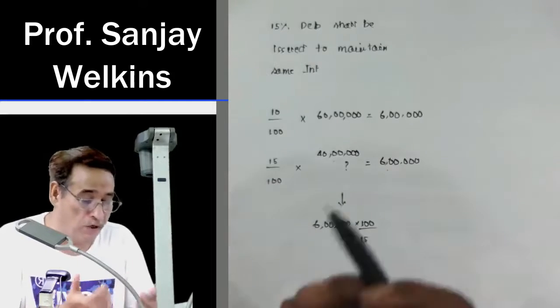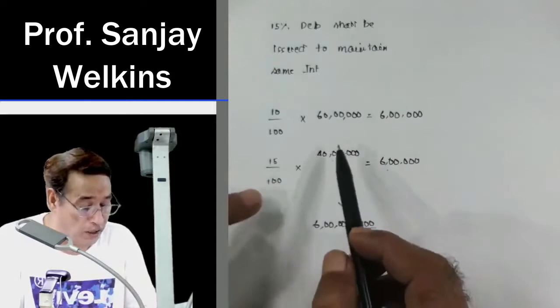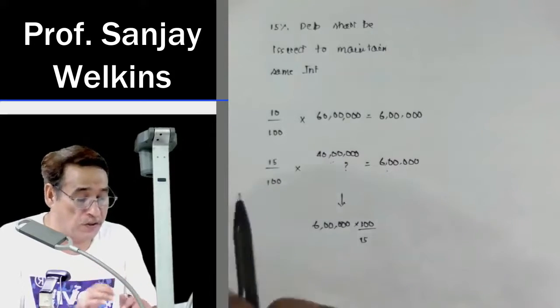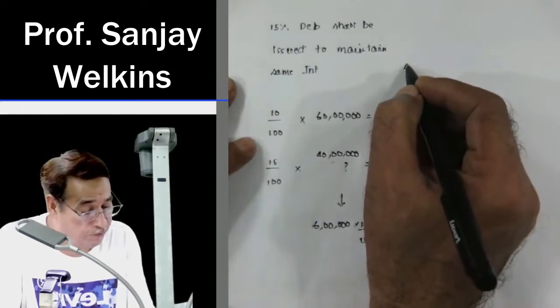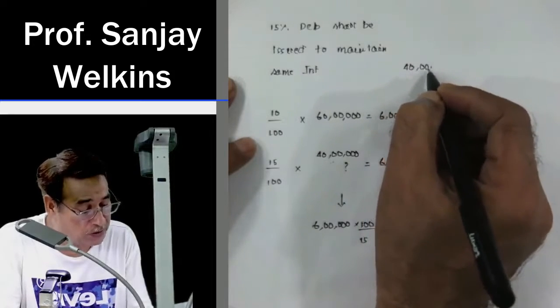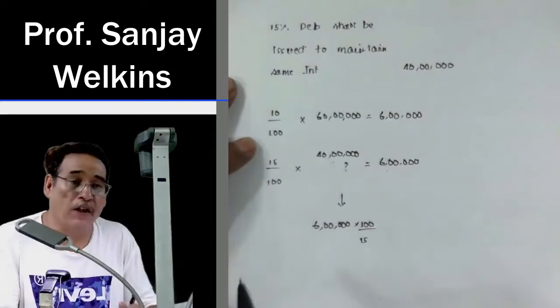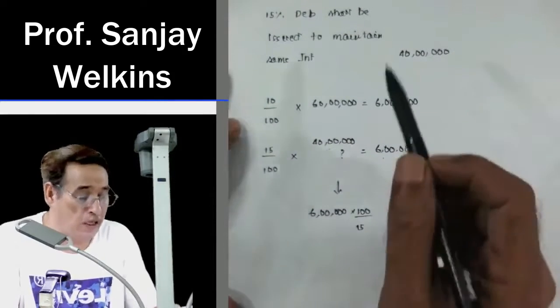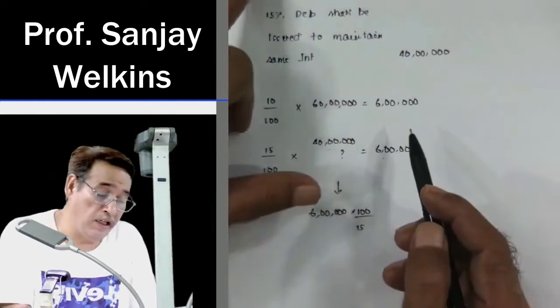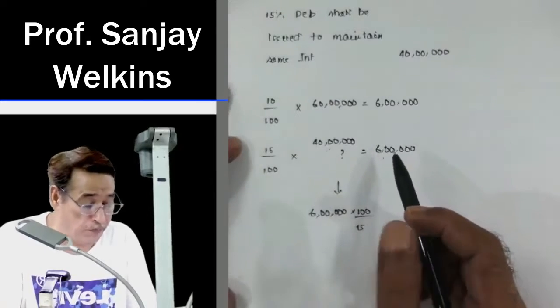So now we have computed that we are offering 40 lakh worth of debentures to X Limited against 60 lakh worth of debenture. But debentures earlier were 10%, now we are giving 15% debentures.